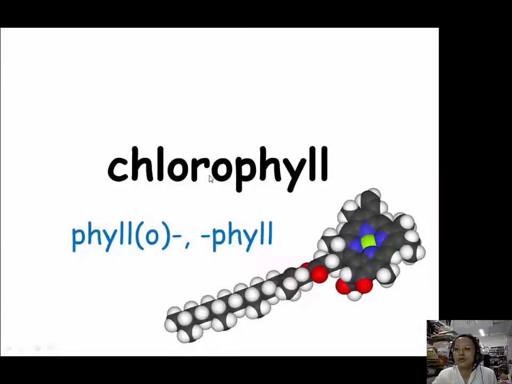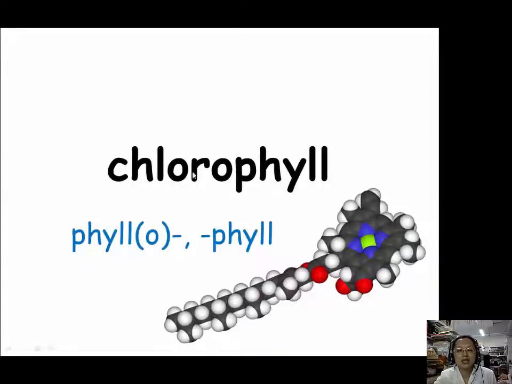And for chlorophyll, when we want to describe things that are related to chlorophyll, we can use this prefix phyllo, P-H-Y-L-L-O, or the suffix phyll, P-H-Y-L-L. And the best example would be chlorophyll.